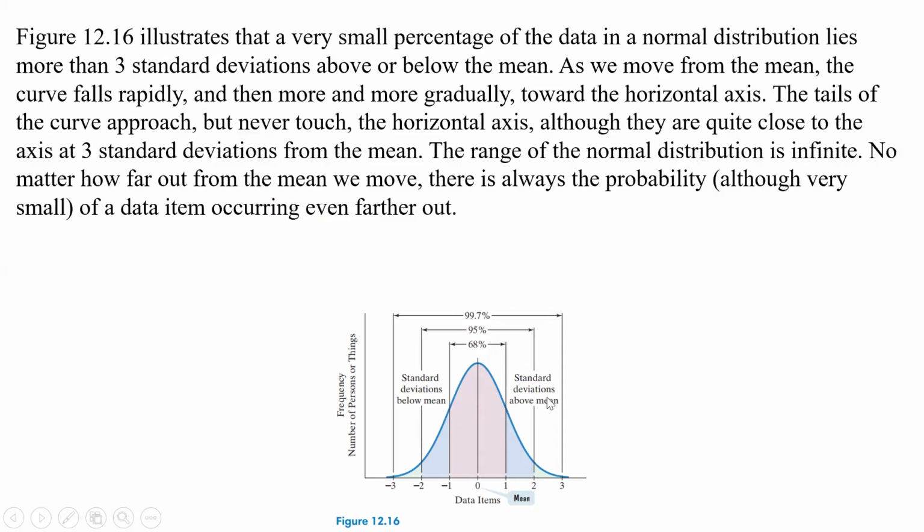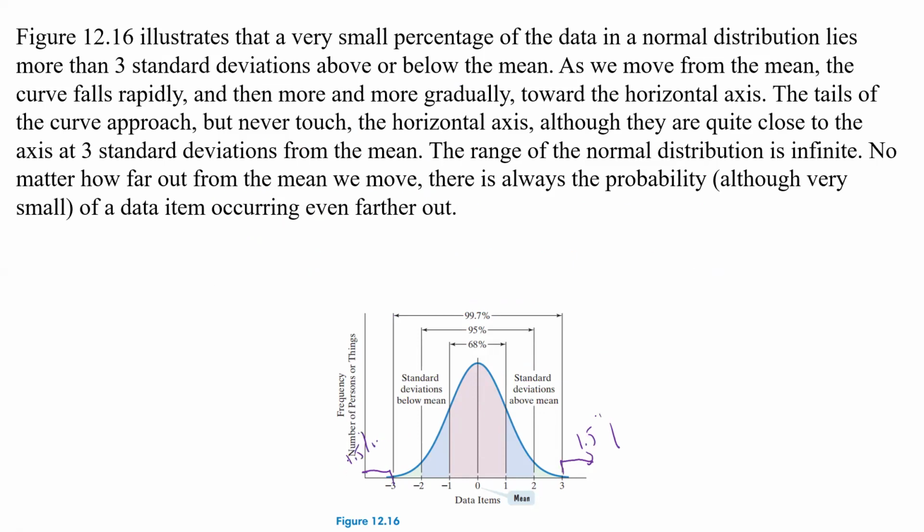All right. So going back to this illustration without markings on it, it's shown that a very small percentage of the data in a normal distribution lies more than three standard deviations away. So again, 99.7% is within three, and so we just have that little bit going this way and that little bit going that way, which is basically the 0.3%, 0.15% in each direction.